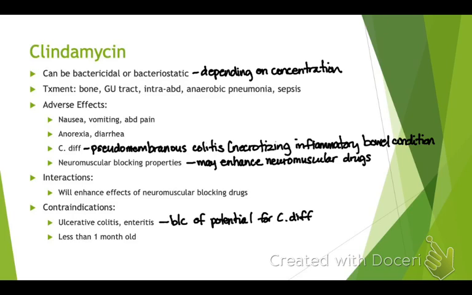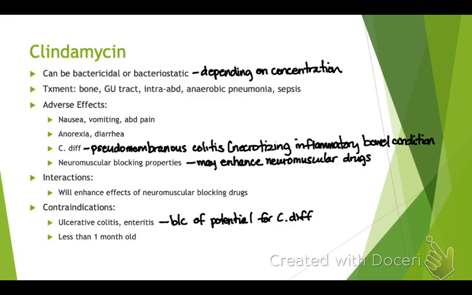Adverse effects would be nausea, vomiting, abdominal pain, anorexia, and diarrhea. It can cause C. diff or neuromuscular blocking properties, such as may enhance neuromuscular drugs. C. diff, again, is pseudomembranous colitis, a necrotizing inflammation of the bowel. So you do want to make sure you're looking for these adverse effects if these patients are on clindamycin.